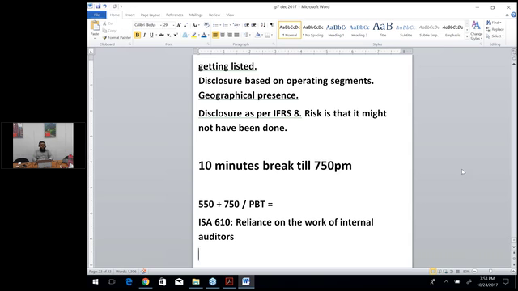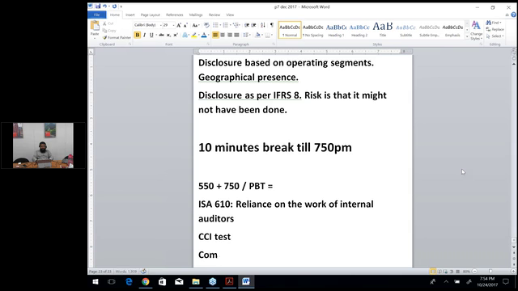Just like we perform the CCI test on the expert, the same way we perform a sort of CCI test on the internal audit department, which is actually about the competency, number one. Apparently, this seems to be a competent department because the head of internal audit is a qualified accountant with many years of experience.